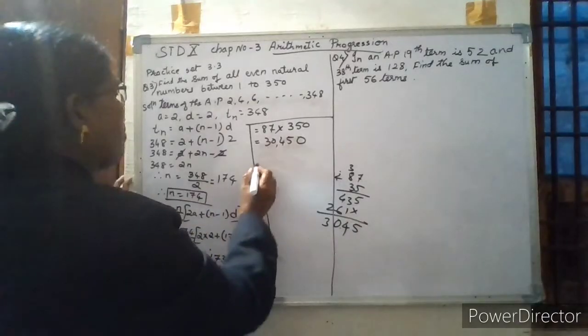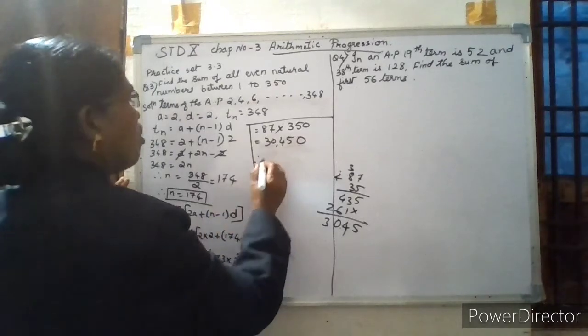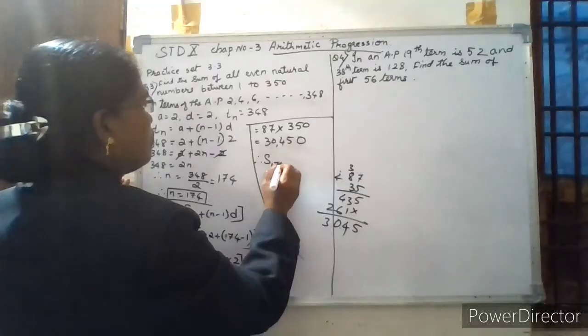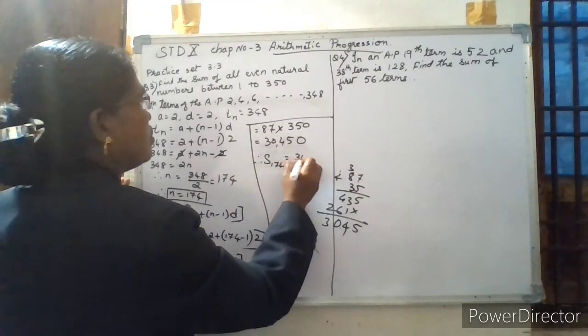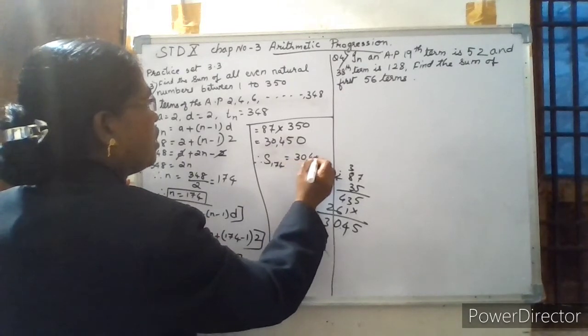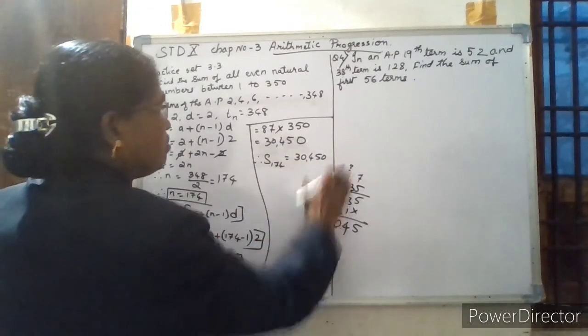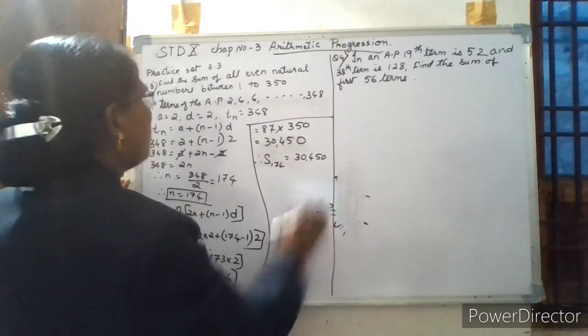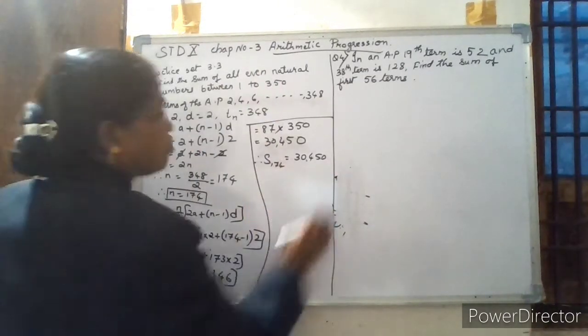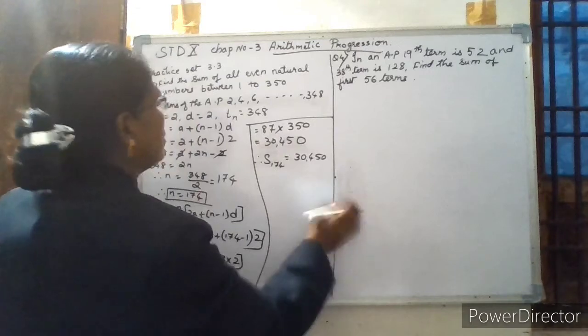Therefore the sum of 174 terms, the sum of all even natural numbers, is 30,450.